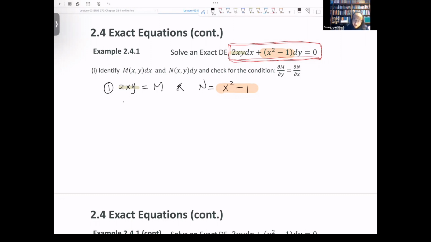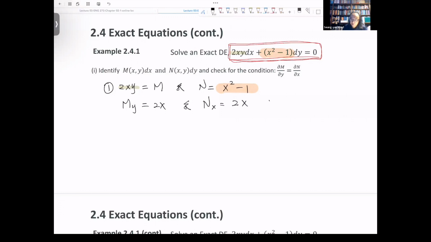Then M with respect to y: we need to take the derivative of M with respect to y, which equals 2x, right? x is the constant. And then N with respect to x is also 2x.